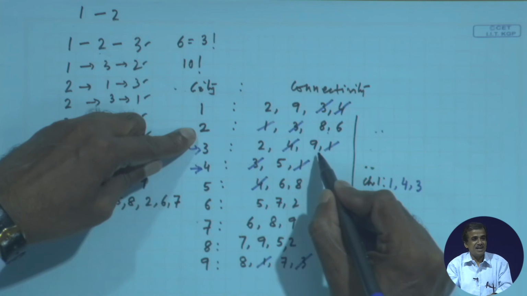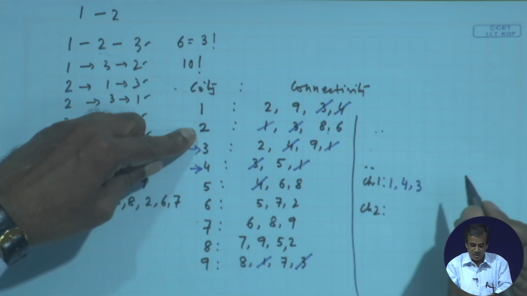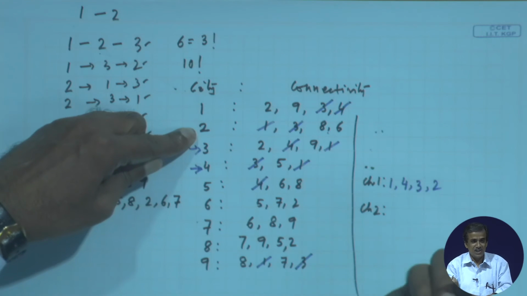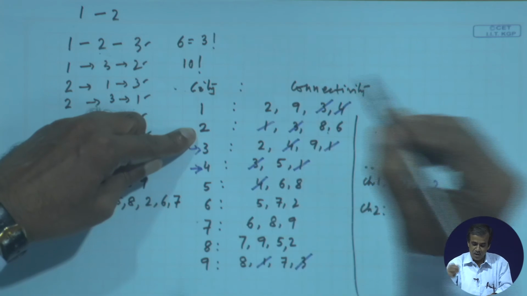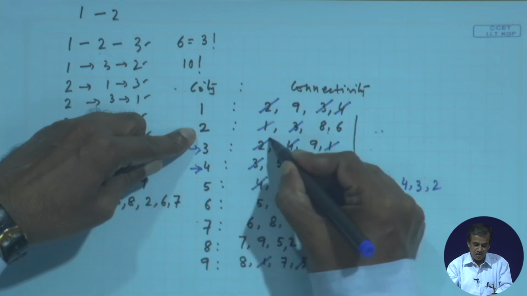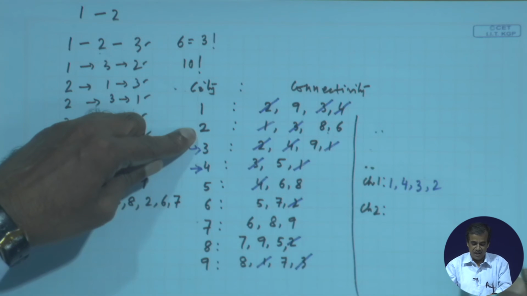Once again there is a tie. So after 3 you can select either 2 or 9. So let me select 2. You can also select 9. And once 2 has been selected, you remove the entries of 2 everywhere.